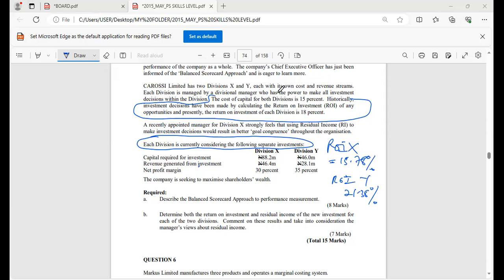This investment will increase the ROI of division Y by, find the difference, 3.38%. It increases the ROI of division Y by 3.38%.